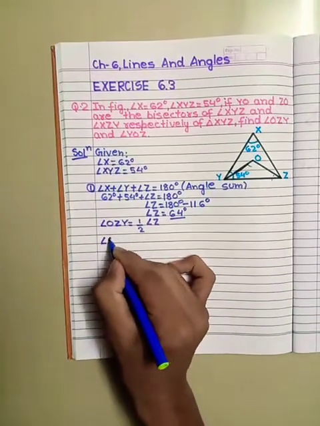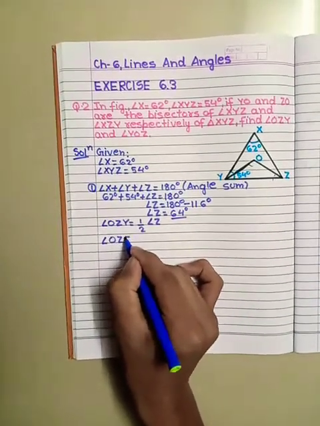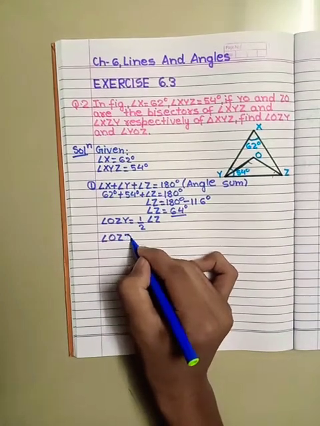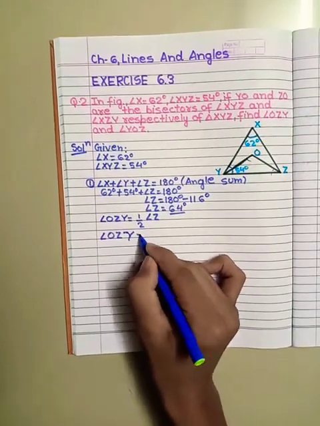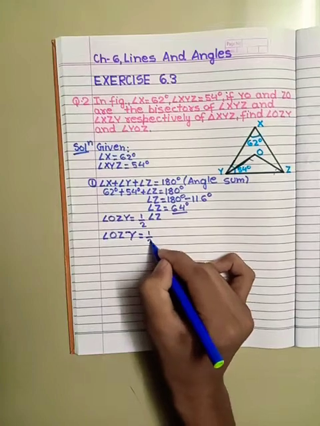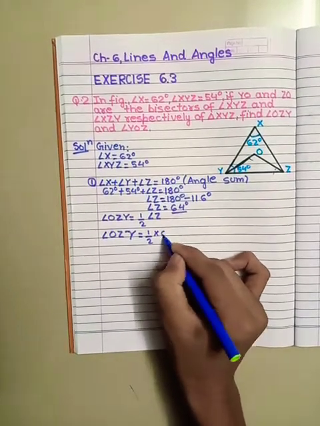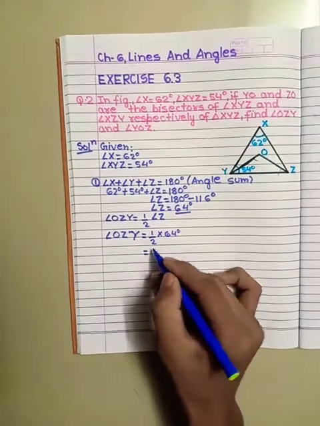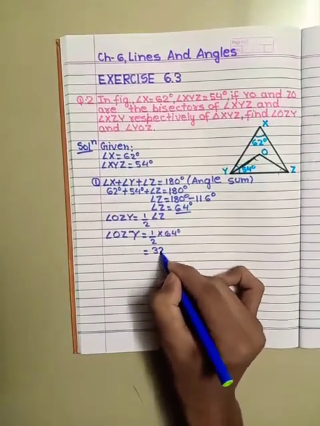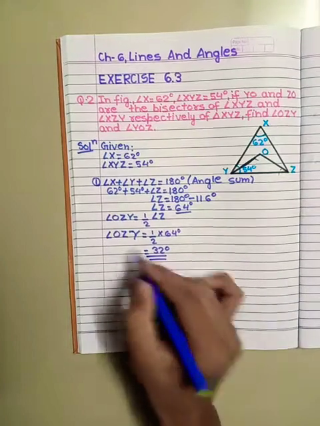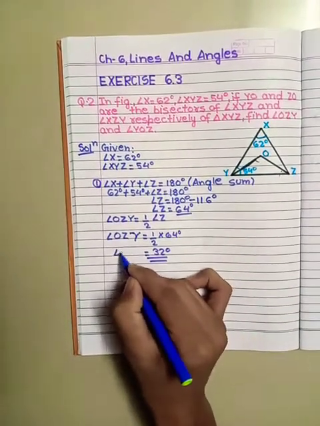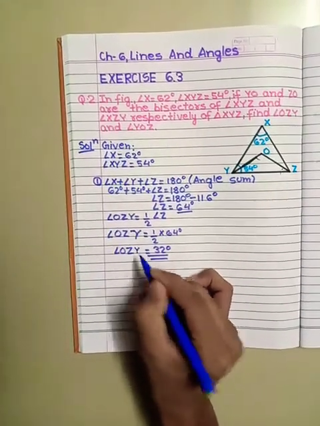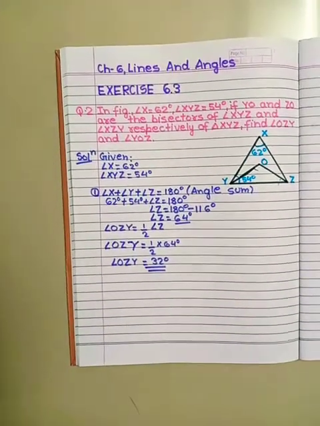So angle OZY will be equal to half multiplied by 64, so it will be 32 degrees. So we have come to the conclusion that angle OZY is equal to 32 degrees.